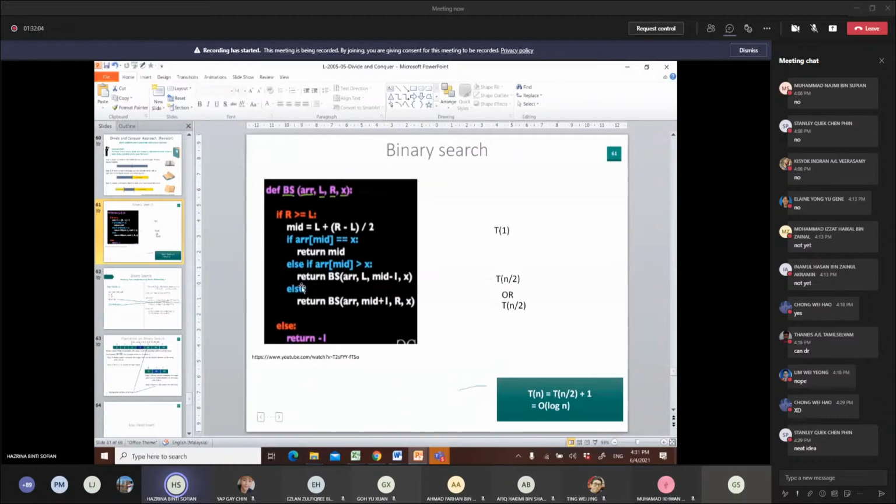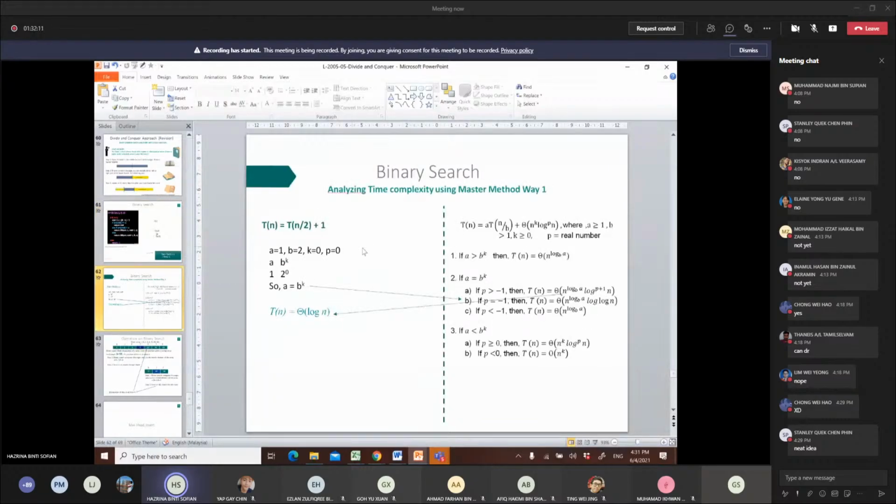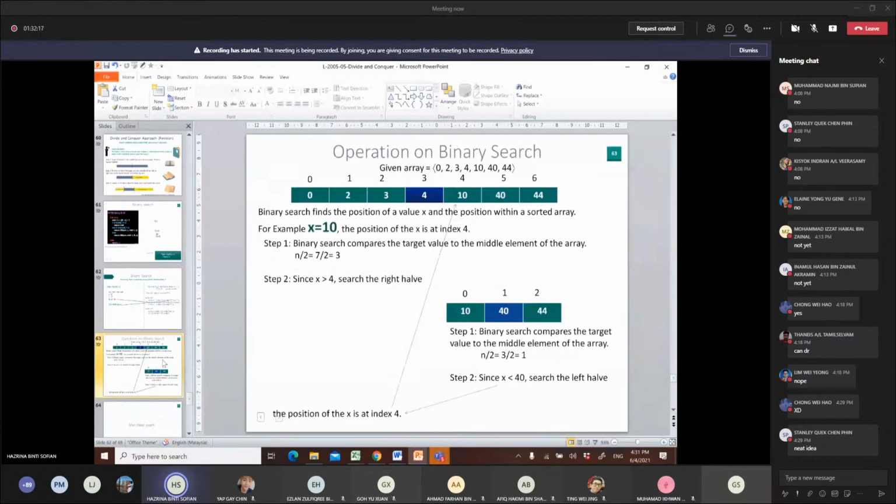This is the algorithm, and how we get order of log n. I tried to use the master theorem, but the most important thing I want to tell you is the concept of binary search. It's very simple.